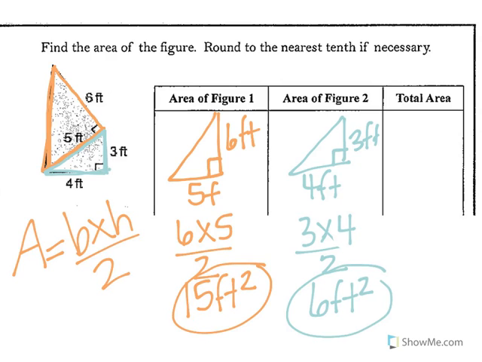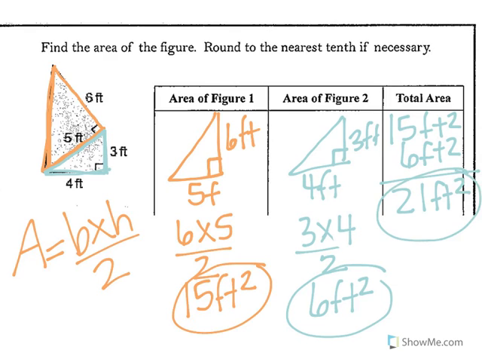So then I combine them. 15 feet squared plus 6 feet squared gives me a total of 21 feet squared. So the area of this composite shape is 21 feet squared.